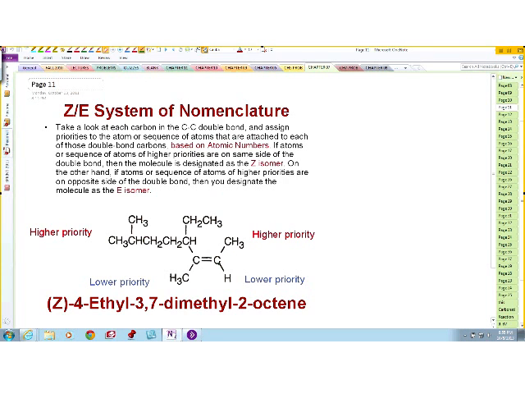Focusing on this carbon here, priority, this is A, and this is B. I'm focusing on this carbon here. This is A, and this is B. So you can see here, the stereochemistry is Z, and the longest carbon chain is octene, starting from here. This is carbon 1, 2, 3, 4, 5.